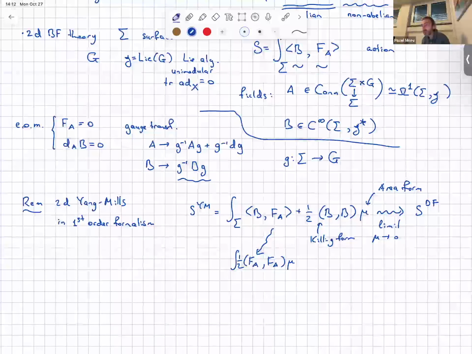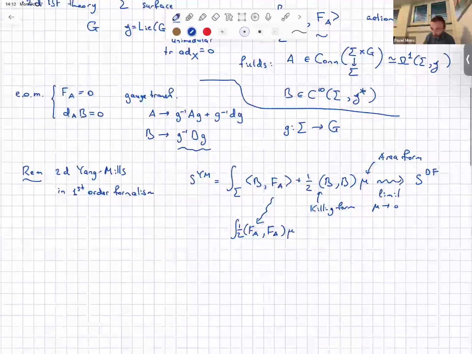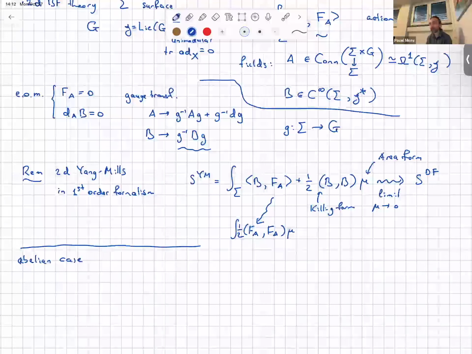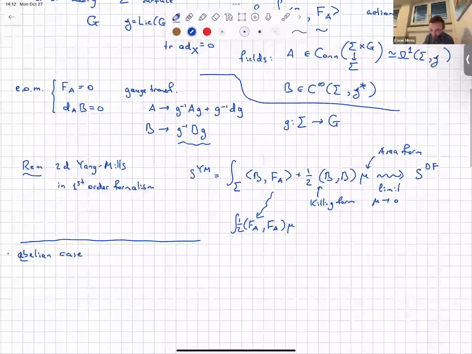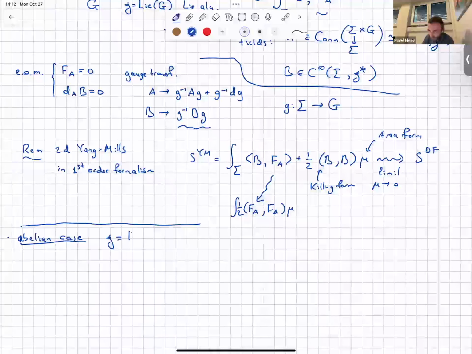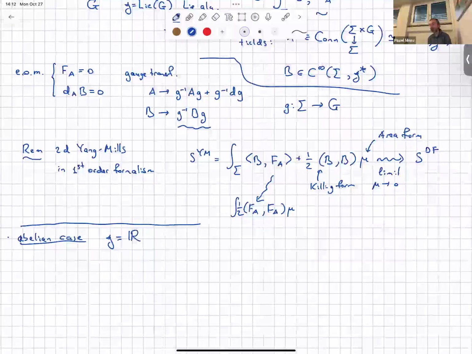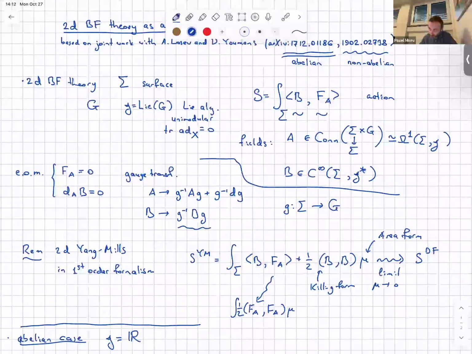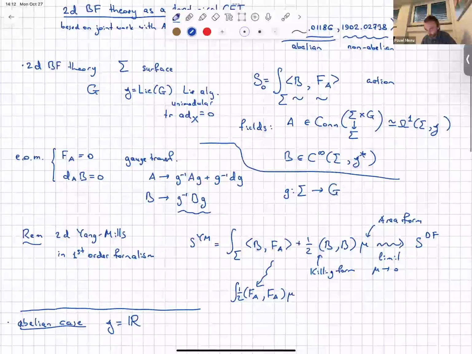Now I wanted to go back to the BF theory and specialize to the abelian case. Later on, we'll talk a little bit in the end about non-abelian, given time. So I want to specify the Lie algebra to be the reals. Also, let me denote the BF action that we had before as S_0, because we'll need to deform it in a certain way.